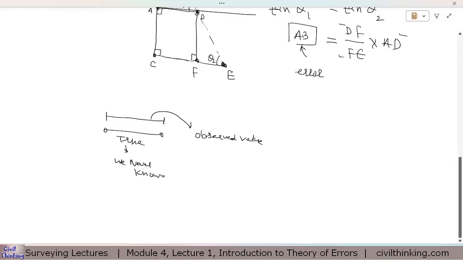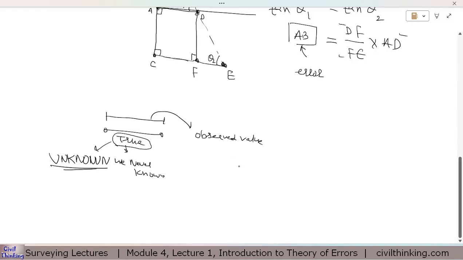Why don't we know it? Because no matter what instrument you use, there will always be some error. So how can we know the true distance between them? The true value is always unknown. You should keep this in mind.